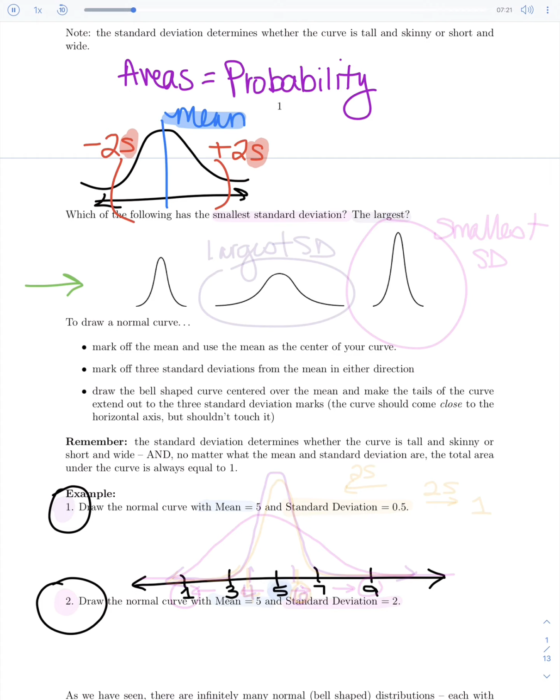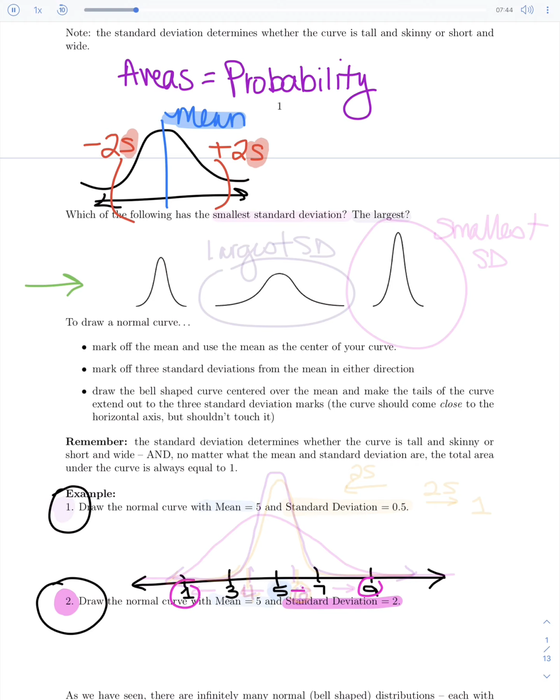So I'm actually going to draw my bell curve for my second graph first, because what this means is if my standard deviation is 2, remember that most of my data should always be within 2 standard deviations, which would be the 9 and the 1.